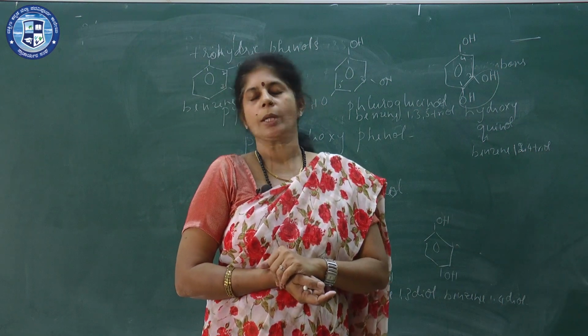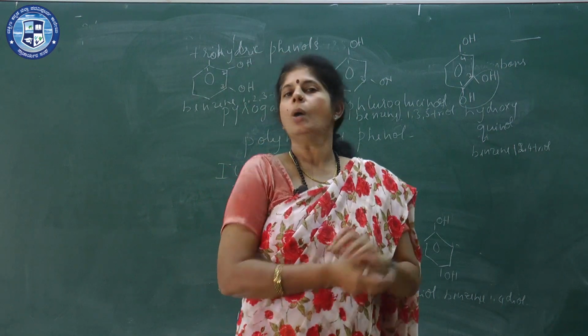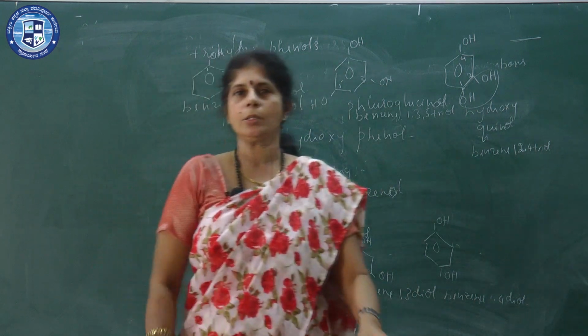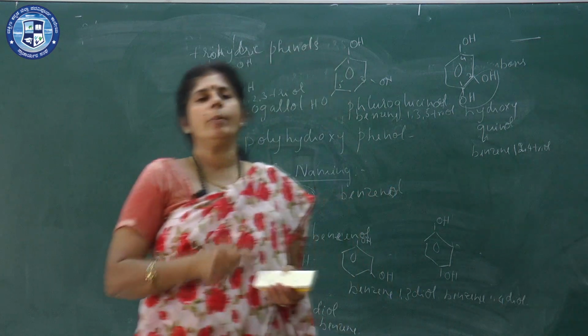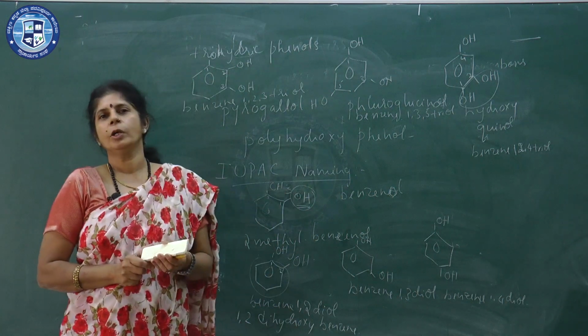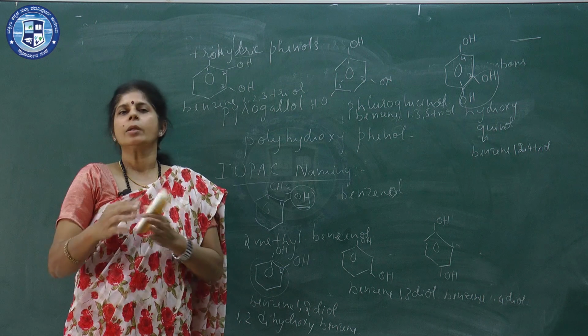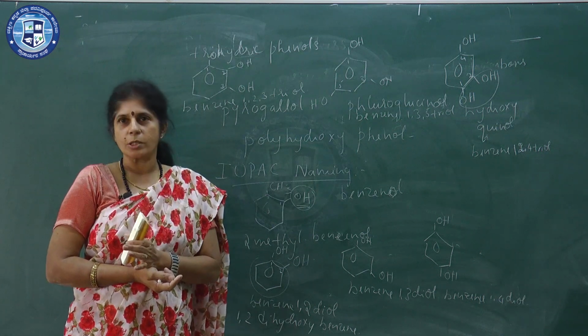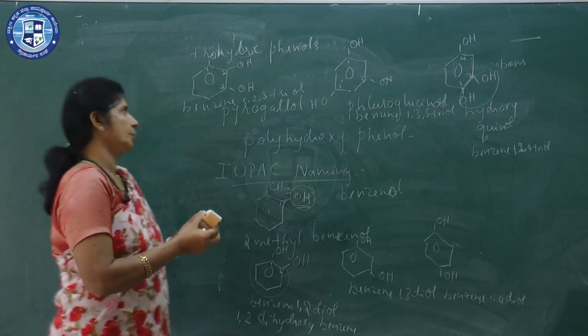Okay, now nomenclature is over. Let us go for the next point, where we talk about the structure of the OH group, or the type of bonding between the ring and the oxygen atom of the hydroxy group.